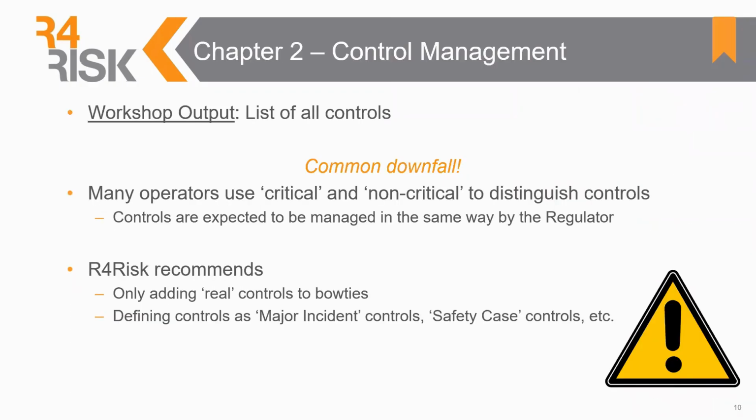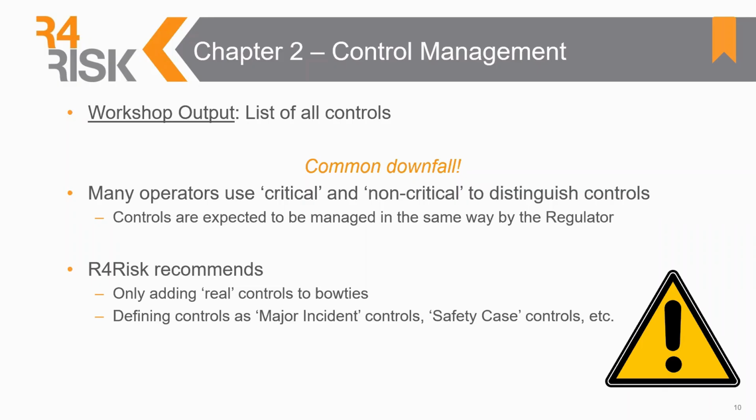So our next chapter is control management. One of the main outputs you need from the bow ties is your list of controls. And this is to ensure that you're managing all the right controls to prevent a loss of control event. A common downfall we see with operators is the use of critical and non-critical control categories.